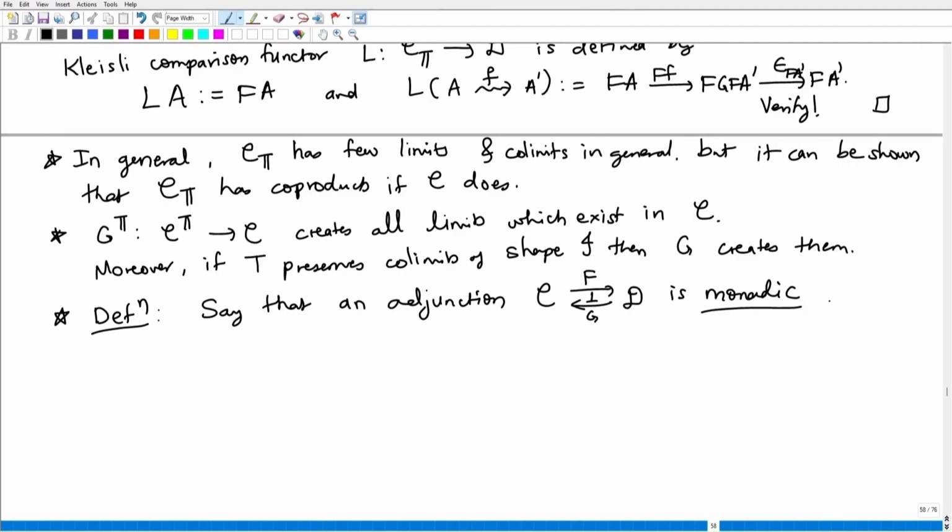If up to equivalence D is the category C^T, where T is the monad induced by this. So it is the category of algebras. So it is monadic if the EM comparison functor K from D to C^T is part of an equivalence of categories.